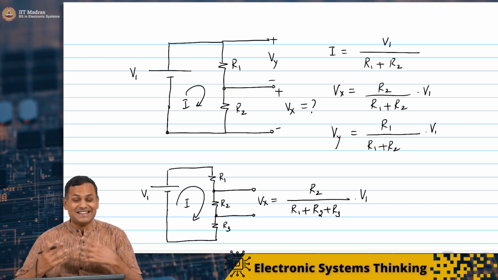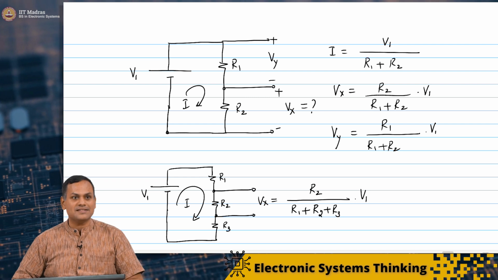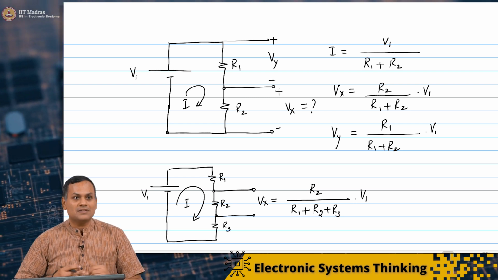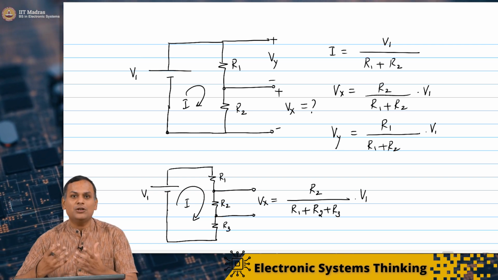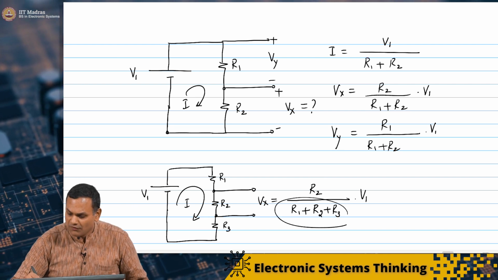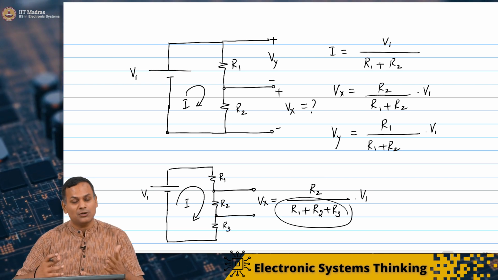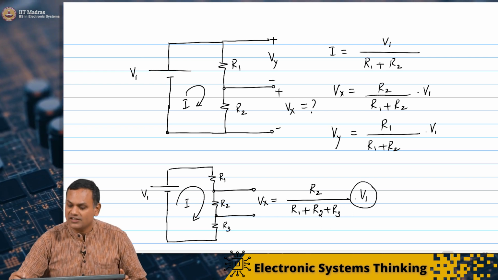I am guessing that you can see the pattern here. If you have many resistors in series placed across the voltage source, the voltage across any one of them is the value of that resistor, R2 in this case, over the sum of all the resistors, including that particular resistor, times the voltage across all of them.